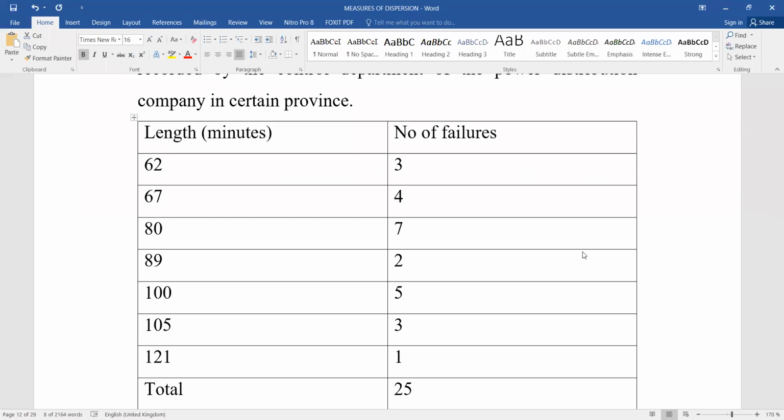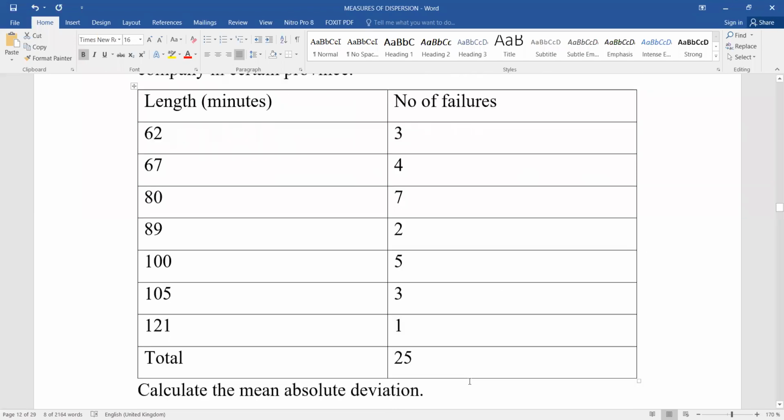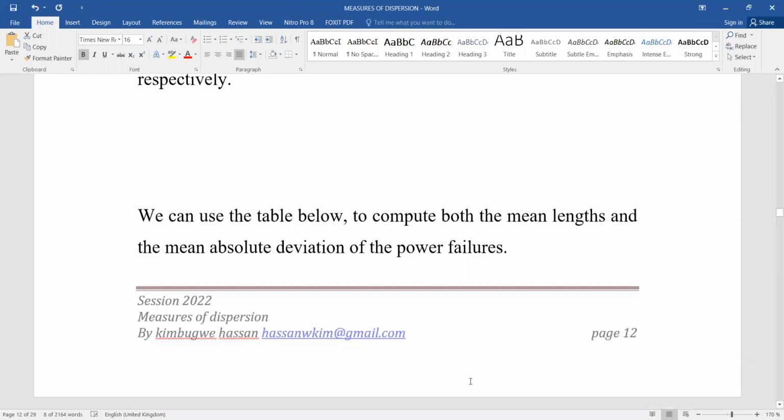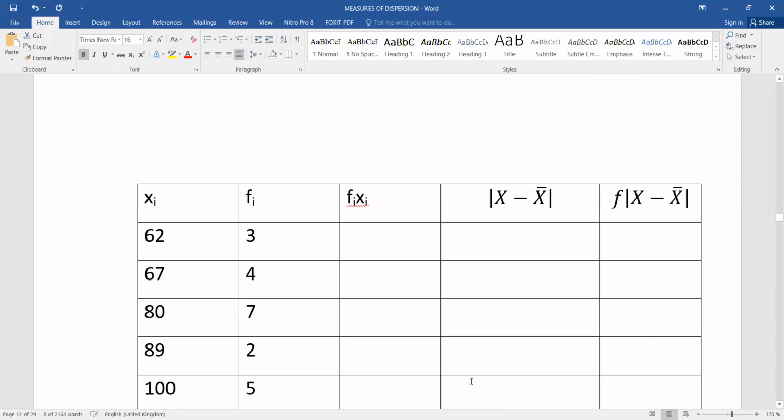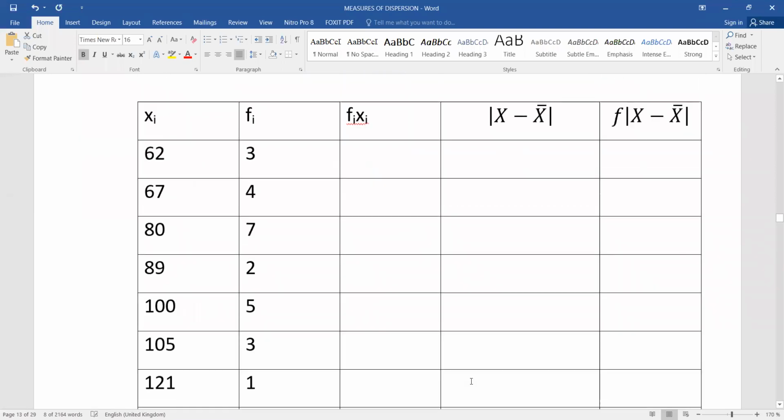I need feedback so that I can continue. Okay, the number of failures from 3 up to 25. So the data has been presented in that table.